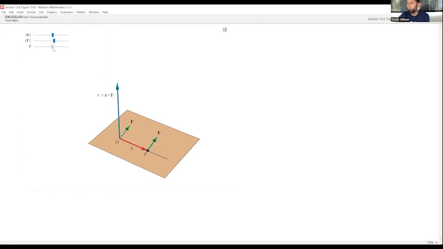Notice that when the force is at a 90-degree angle from the wrench, you're going to have maximum torque.